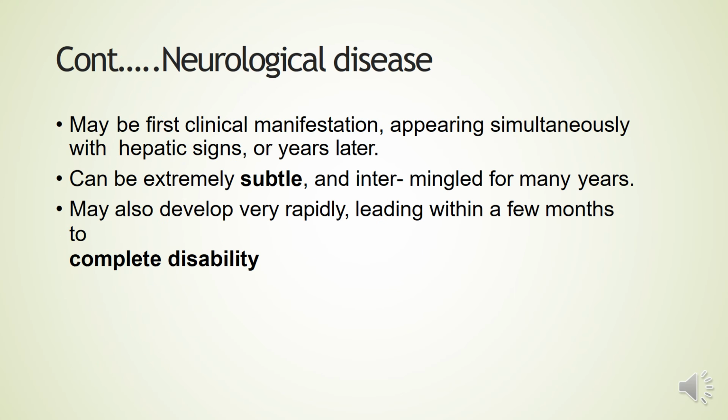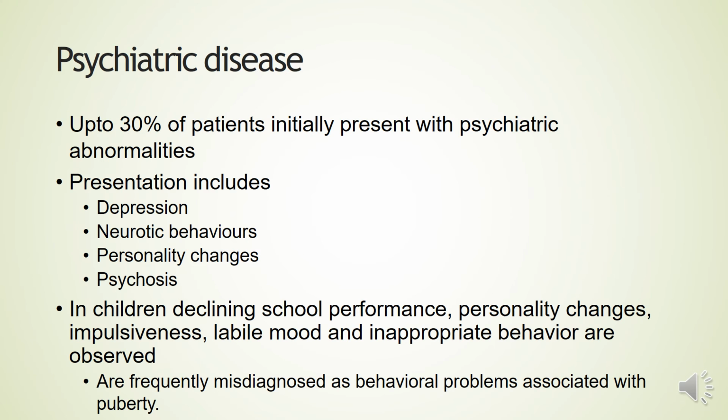They can also have a lot of psychological changes, and this can be the first clinical manifestation, appearing simultaneously with hepatic signs or years later, and they can be extremely subtle and intermingled for many years. We may not be able to know, and they may also develop very rapidly, leading to complete disability, right?